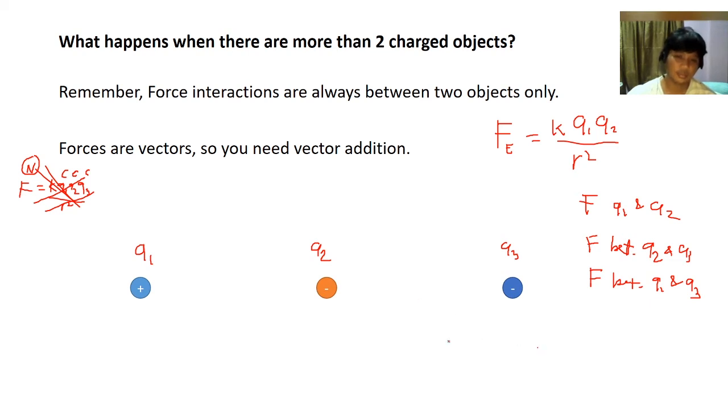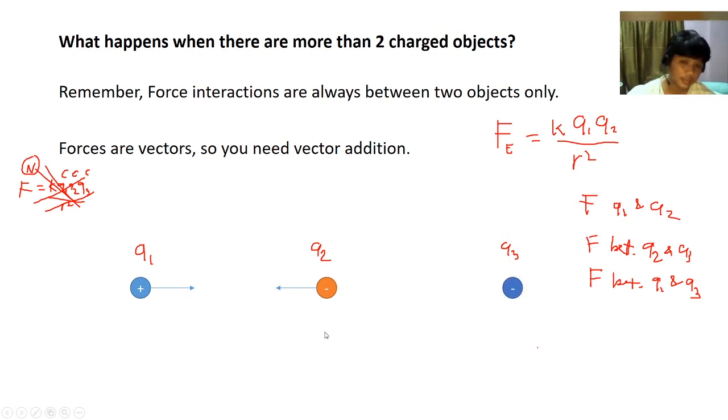Okay, so what you actually do is pretend that Q3 does not exist when you analyze the interactions between Q1 and Q2. And you find that Q1 and Q2 will attract, right? So we draw those arrows.